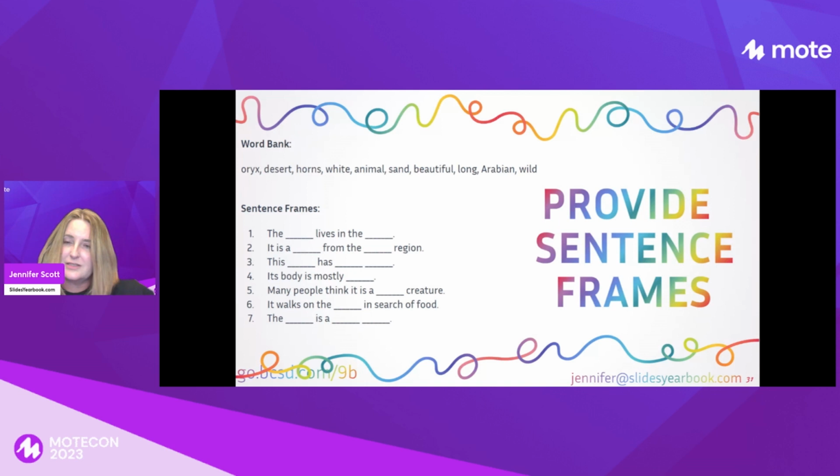So do you remember that example where we talked about the orcs and that's in Saudi Arabia? Well, I decided I need to have sentence frames. So what I did is I went into ChatGPT and I explained, hey, this is the information. This is my class. My students need the first grade level vocabulary. I need sentence frames. Do not provide the answers.